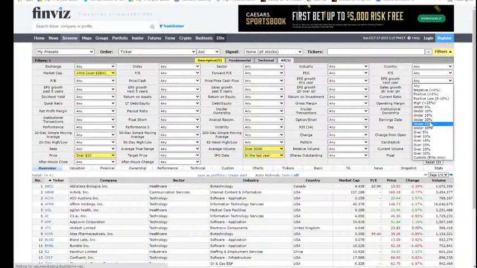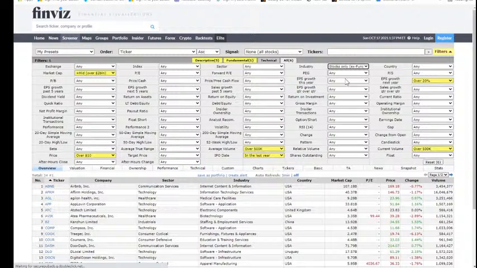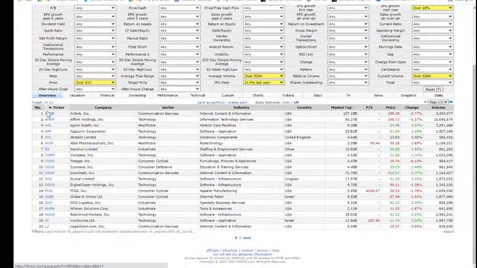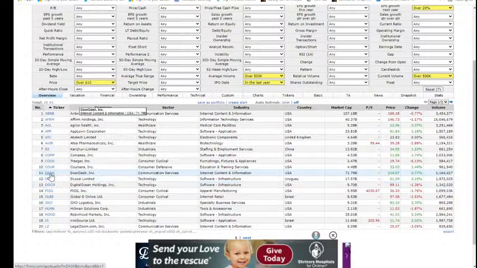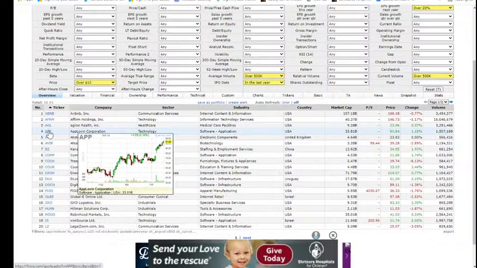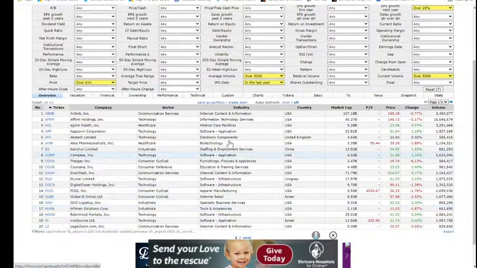You can do over 20%, so those are going to be the ones that are growing the most, and stocks only. So that narrows it down to 34, and I think you'll probably recognize a lot of these: FIGS, DOCN, DLO, Dash, App, Airbnb, Affirm. So this gives you a nice list, and you can set some other ones.